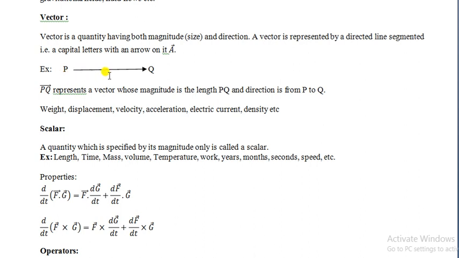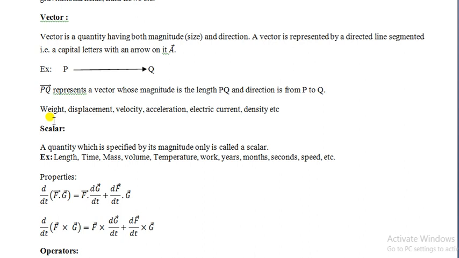Example on vector: here the line denoted as PQ, containing an arrow on its head, is called vector PQ. It represents a vector whose magnitude is its length, the size of PQ, which is the length from P to Q, and whose direction is from P to Q. Here we denoted the arrow in the direction from P to Q. We also use weight.